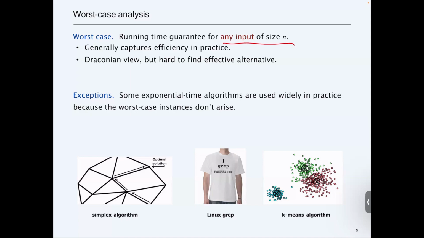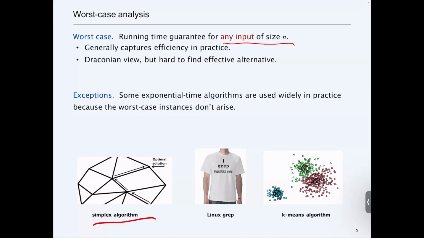There are, however, some very important exceptions where worst case analysis doesn't fully reflect practical performance. A very classic and famous example of this is the simplex algorithm for linear programming. The simplex algorithm has exponential worst case runtime. But despite that, it's heavily used in practice because the worst case inputs, the really bad ones, rarely appear.